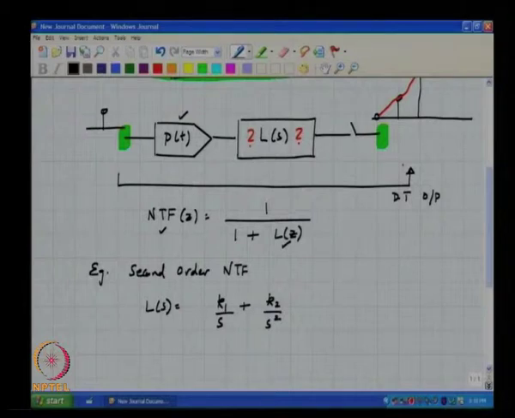So, we excite this loop filter with a rectangular pulse, in this case an NRZ pulse, and look at the output response. The output response will obviously be a function of K1 and K2, and we try and fit K1 and K2 such that the impulse response is what we want.